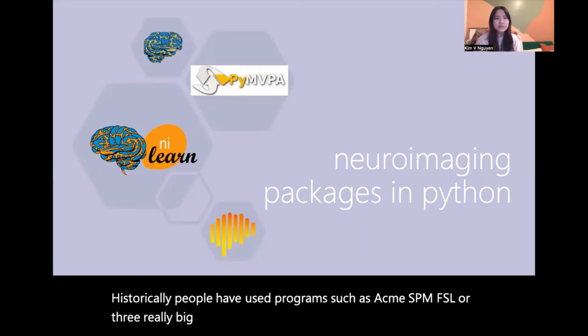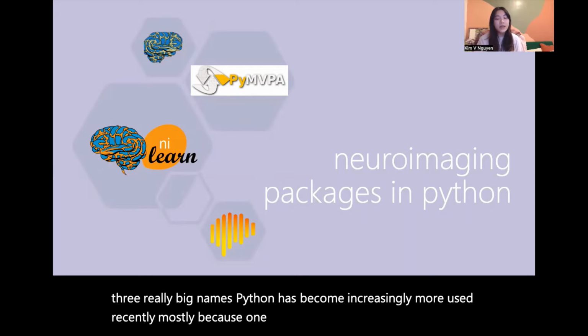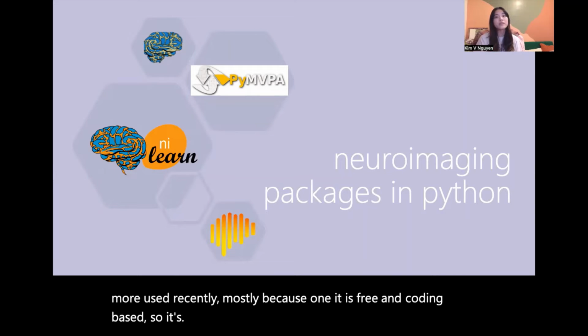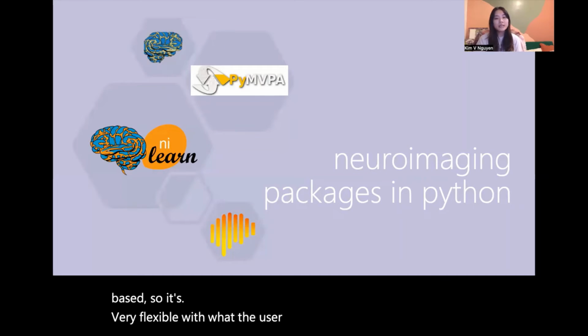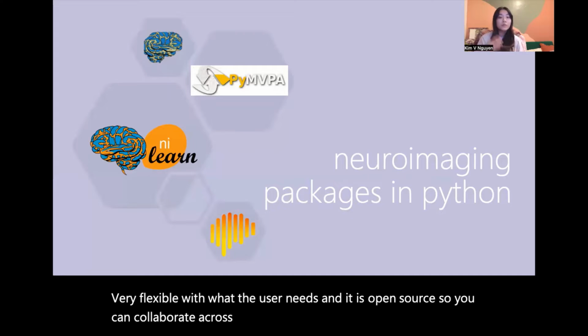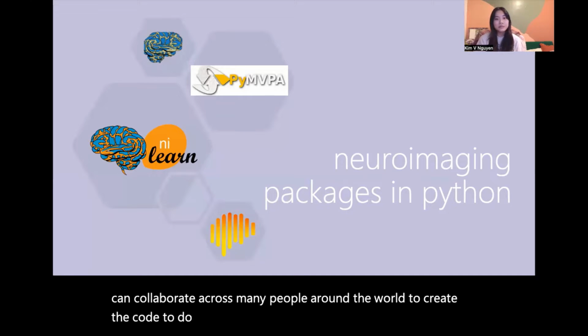Python has become increasingly used recently, mostly because, one, it is free and coding based, so it's very flexible with what the user needs, and it is open source, so you can collaborate across many people around the world to create the code to do what you need to be done with your data.